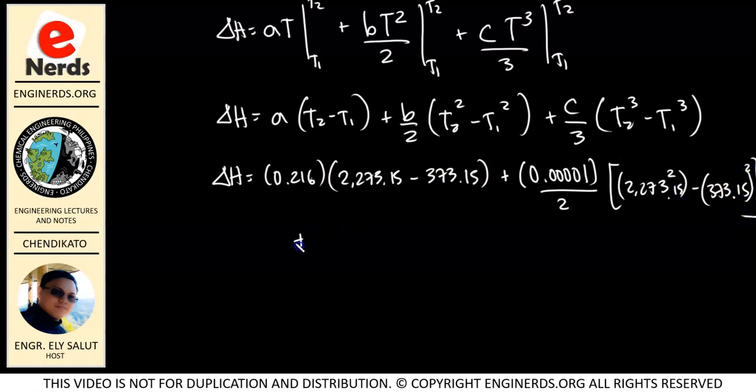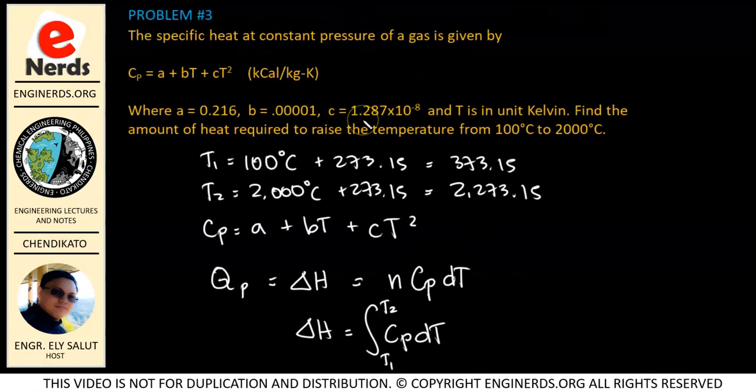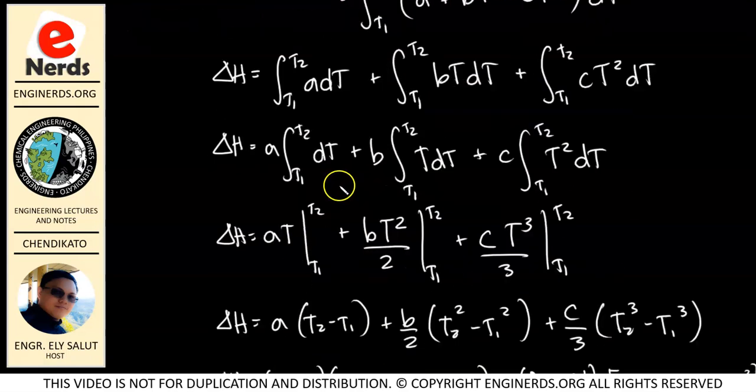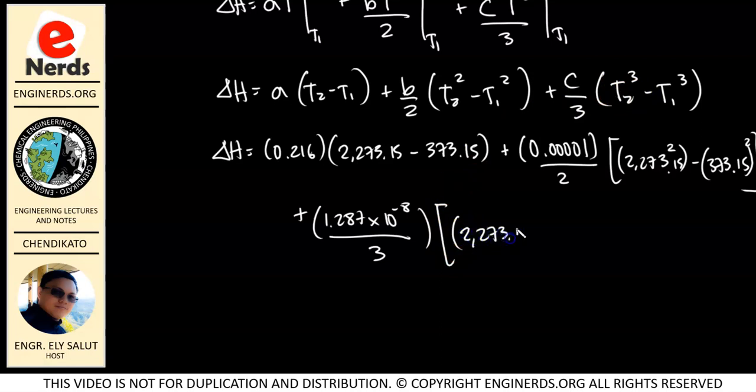And then this one plus our C, which is 1.287 times 10 to the negative 8. So 1.287 times 10 to the negative 8 over 3. We have denominator 3 here, do not forget that. So we have our T2 cube, 2,273.15 cube, minus our T1, which is 373.15 cube.